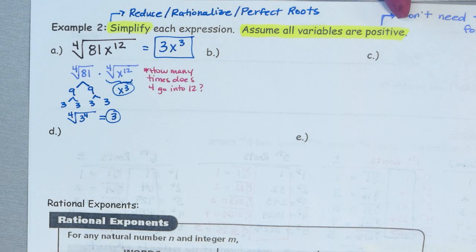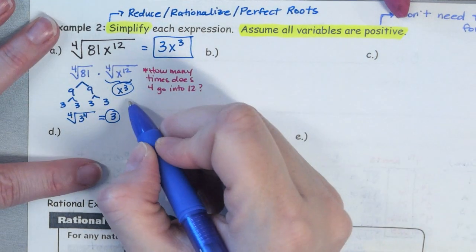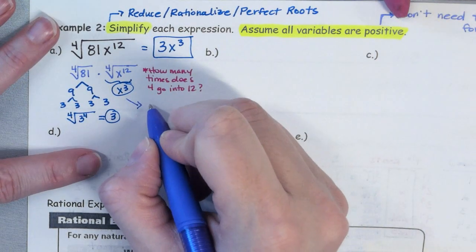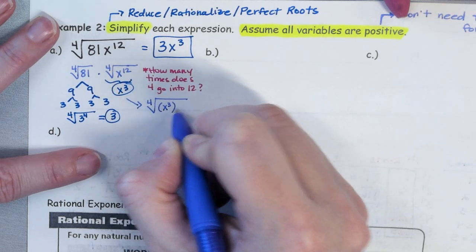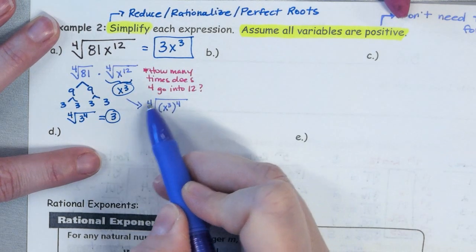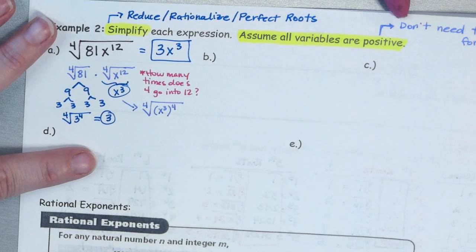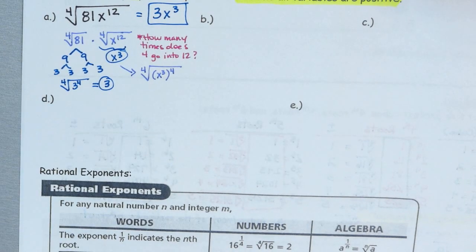Now, another way that you could think about that, remember, you're trying to get to a power of 4. So if you had the fourth root of x cubed to the fourth, those would cancel out and you'd be left with x cubed. There are 4 groups of 3 in there.